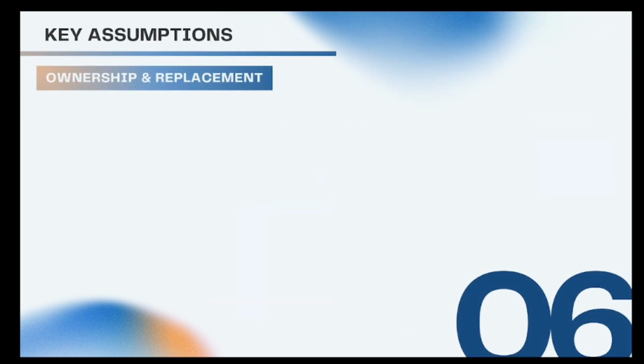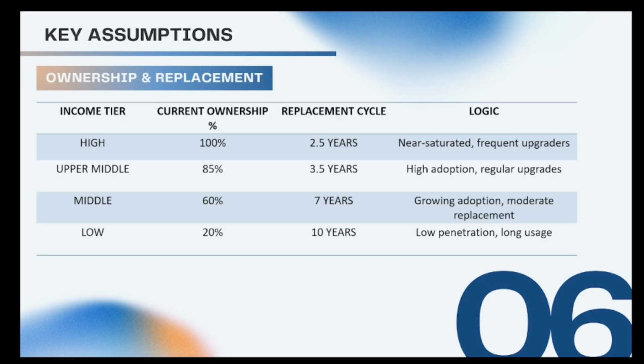Now, here we are going to make two critical assumptions, the ownership rate and the replacement cycles. For high income, we are assuming 100% ownership. Nearly everyone has a smartphone. They replace every 2 to 3 years or on an average in 2.5 years. These are folks buying the latest iPhones or flagship Samsung. Upper middle income have 85% ownership with a 3.5 year replacement cycle.